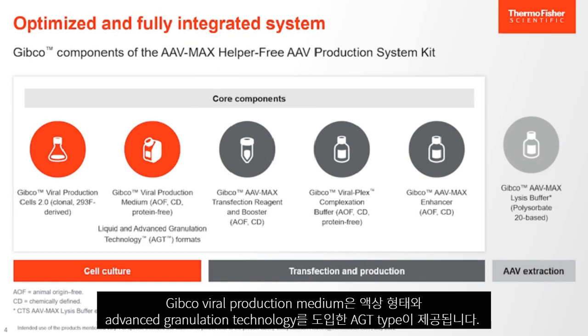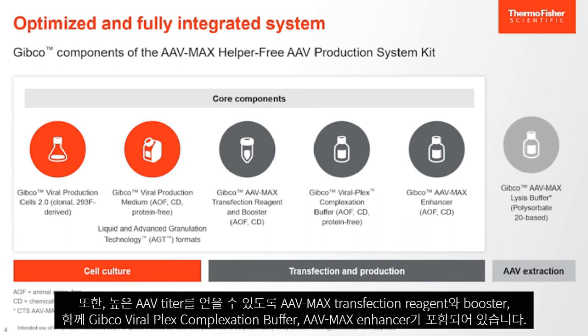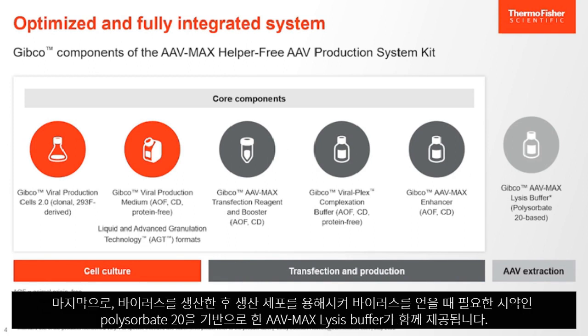The GIBCO Viral Production Medium, available both as a liquid and an advanced granulation technology, or AGT format, the AAV-MAX transfection reagent and booster, as well as the GIBCO ViralPlex complexation buffer, and the AAV-MAX enhancer for generating higher AAV titers. Finally, the AAV-MAX lysis buffer, a polysorbate 20 base lysis buffer, is utilized for liberating AAV from the cells at the end of the production run.